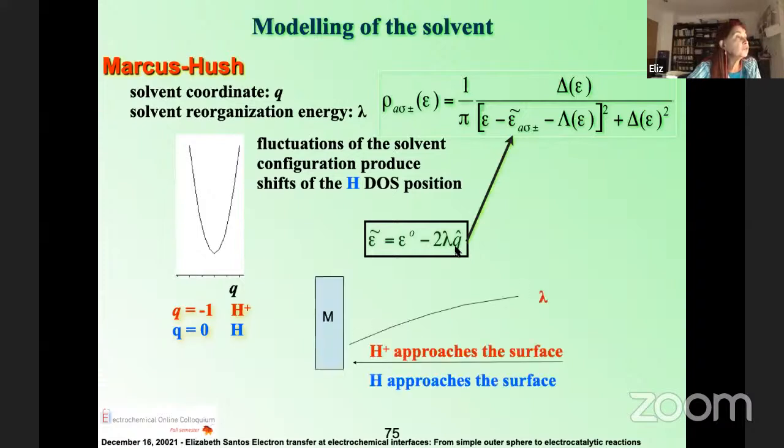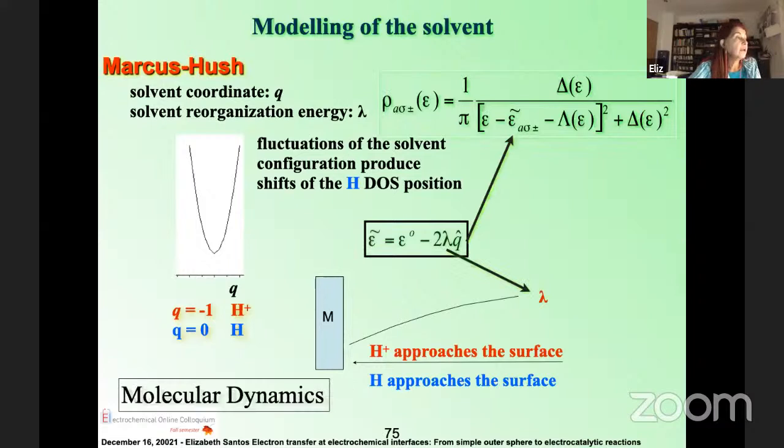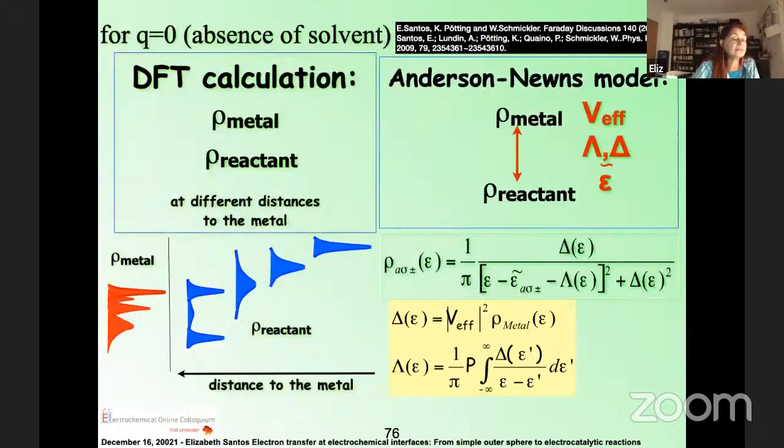In order to do that, what we can do is, through molecular dynamics, calculate the potential of mean force, and from this calculate the dependence of this reorganization energy when the solvated system approaches the surface. That means we take the solvent coordinate as 0, this is in the absence of a solvent.